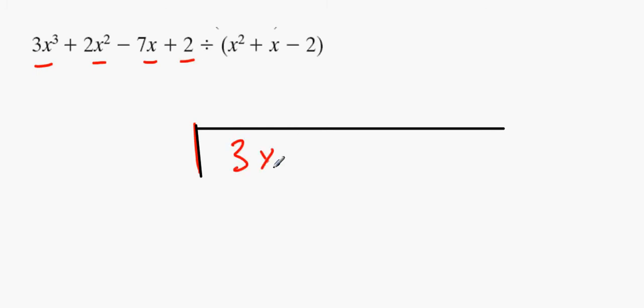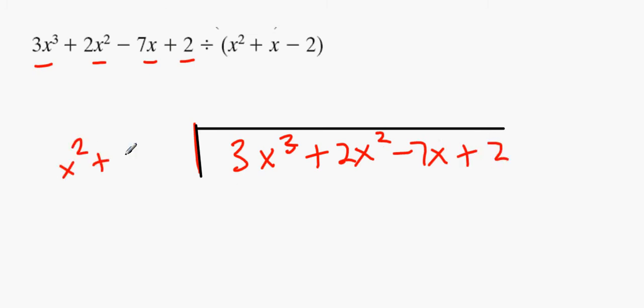Now remember, if you didn't have any x squareds, you're allowed to fill in 0x squared. That's the way you should be doing it. But in this case it's not necessary because we have it there, okay? So you have 3x cubed plus 2x squared minus 7x plus 2. Then we have x squared plus x minus 2.